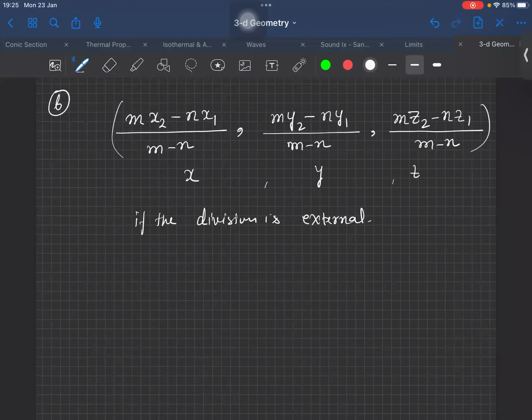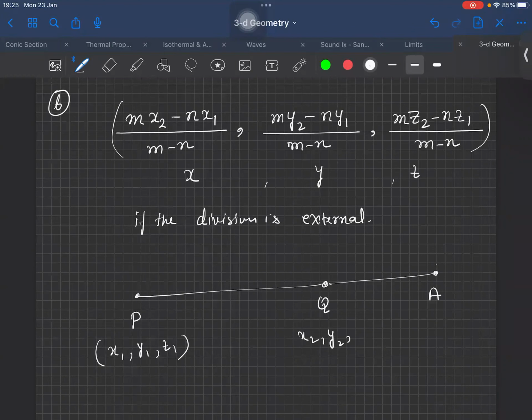External division of a line. What do we mean by external division? Let's say this is point P, point Q, and there is some point on this line, let's say point A. This is point P, whose coordinate is x1, y1, z1. This is point Q, x2, y2, z2, and point A, whose coordinate is x, y, z.